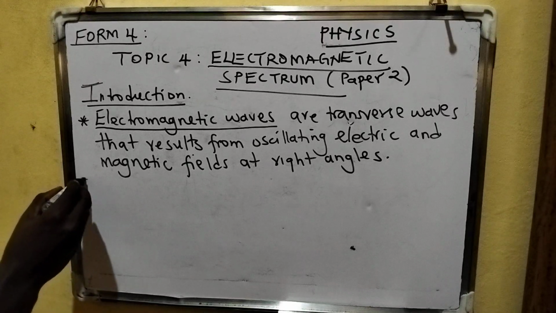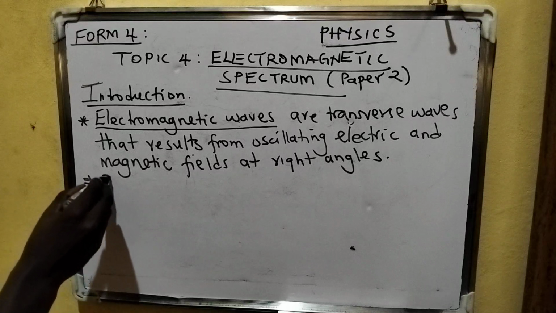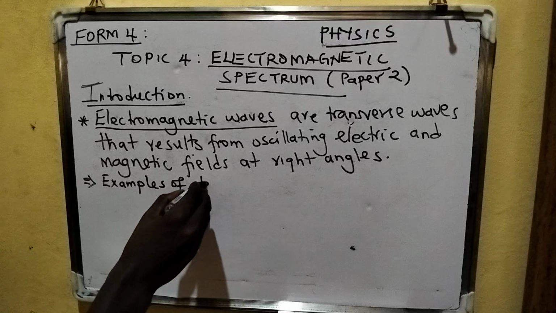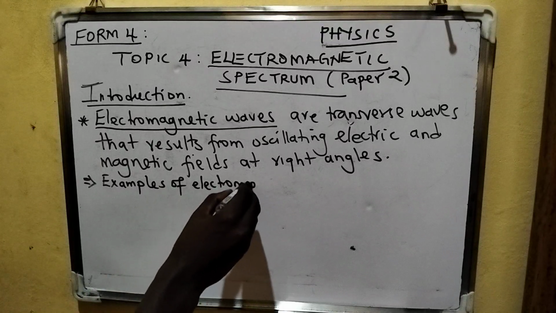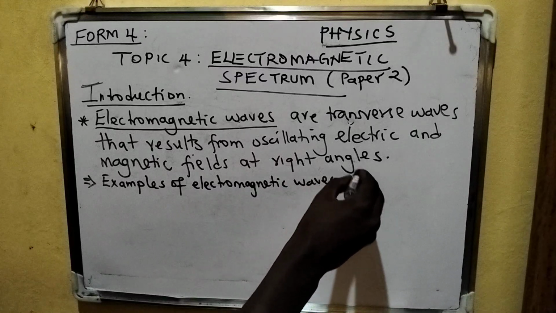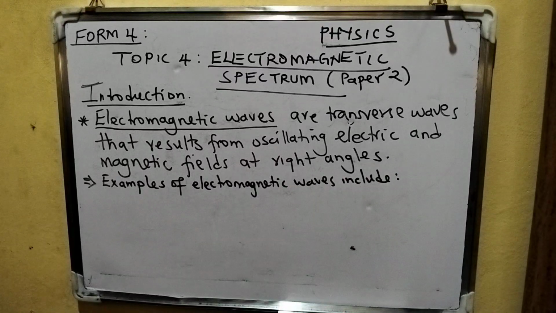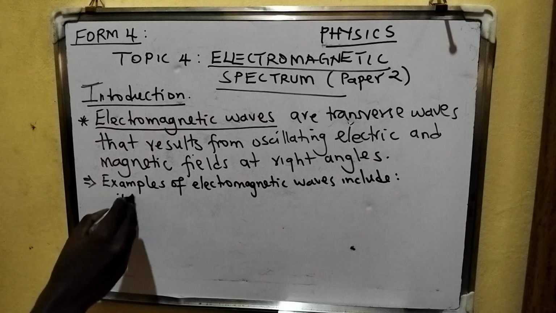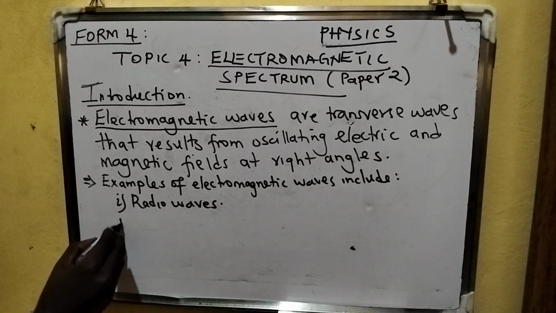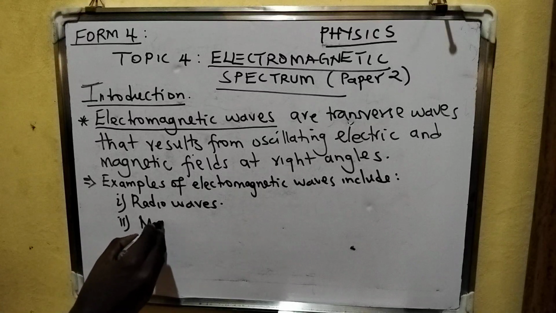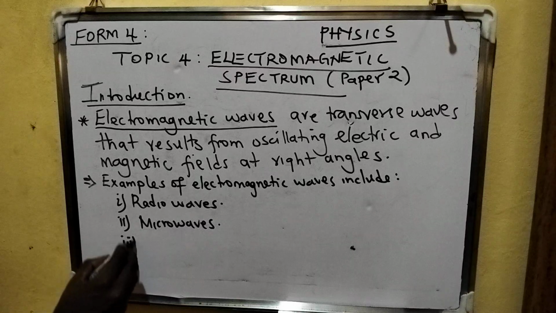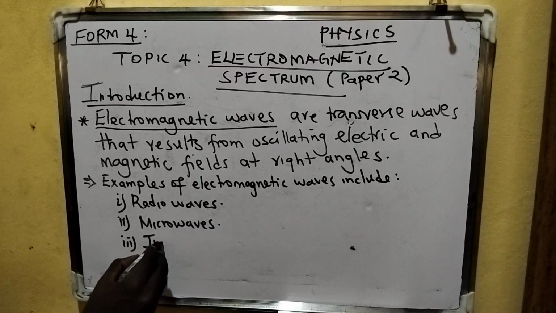Let's look at some of the examples of electromagnetic waves. They are 7 in number. Number 1, radio waves. Number 2, microwaves. Number 3, infrared radiation.